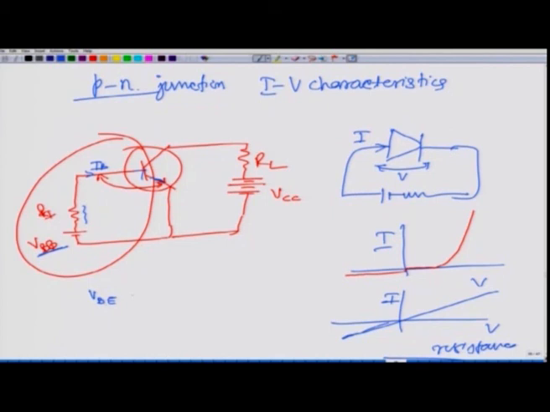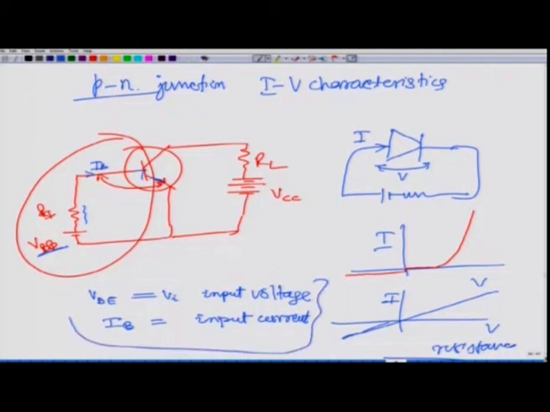So, you can take this as the input voltage, and IB as the input current. If you draw a graph between IB and VI, that will give you the characteristics of the input side.